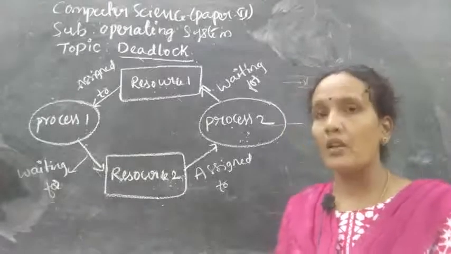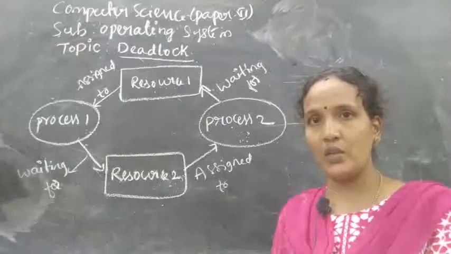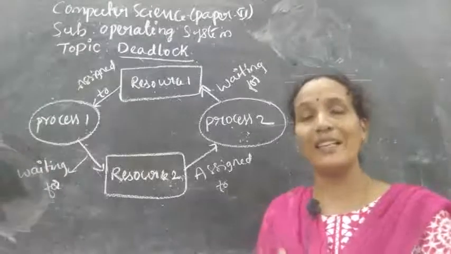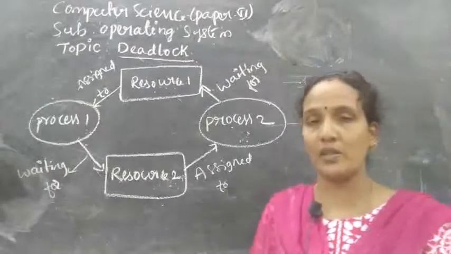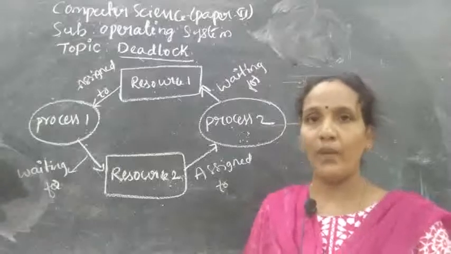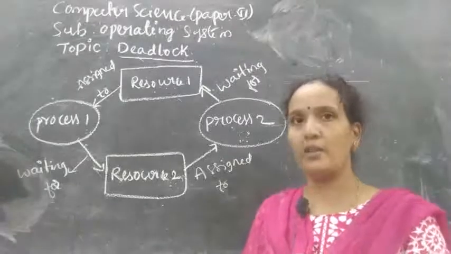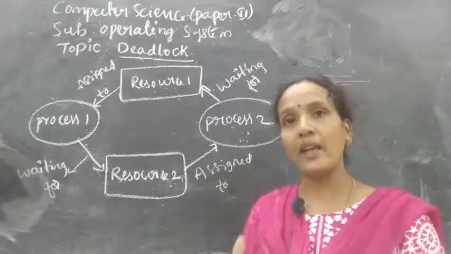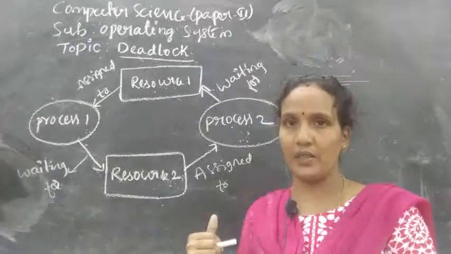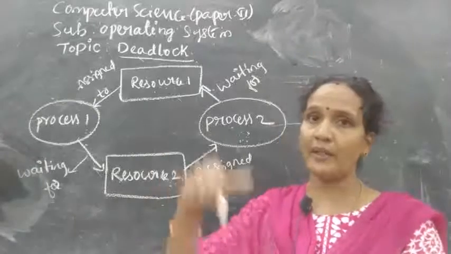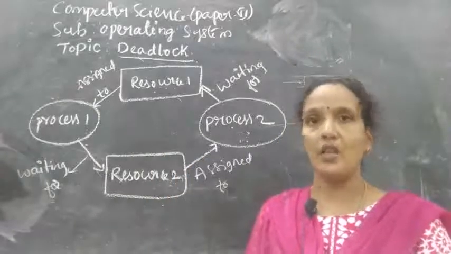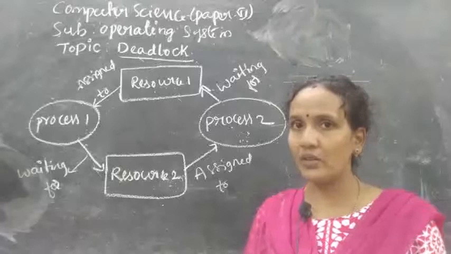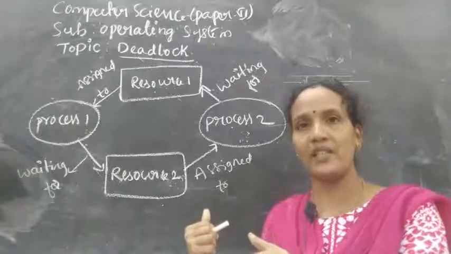Understood? In a deadlock situation, processes will never complete their execution. Processes will be blocked. Why? Because they are holding some resources and they are requesting new resources which are held by another process. So that process will never release the resources and this process will never complete its execution.